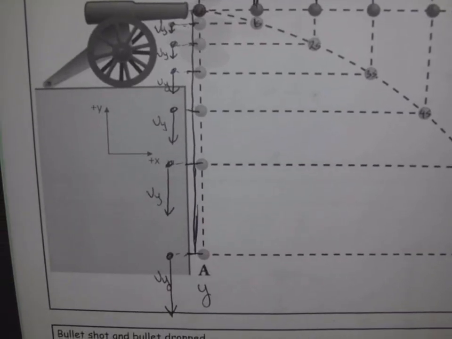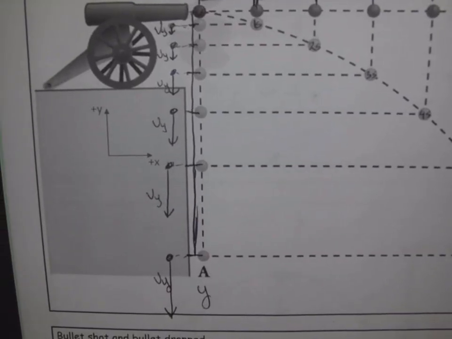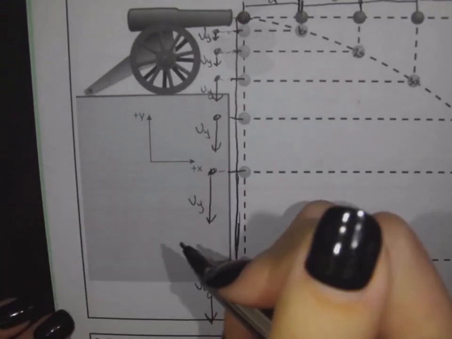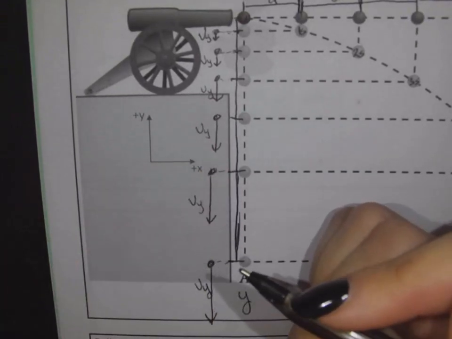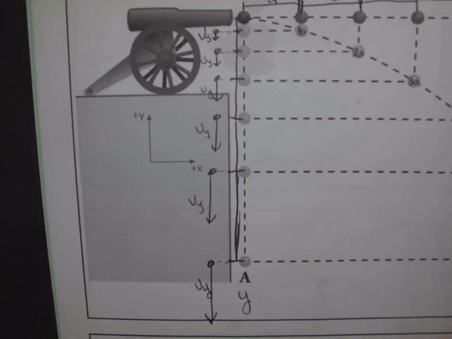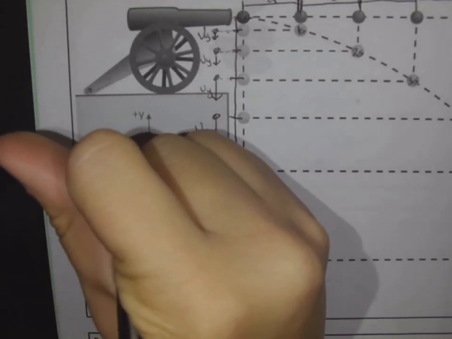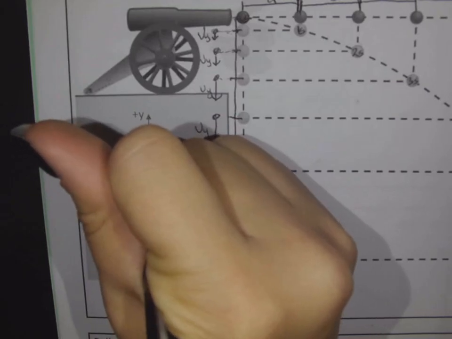The velocity is increasing over time. And when something is speeding up or slowing down, that means that there's an acceleration, that the velocity is not constant. And the only force, like we learned before, the only force acting on this, if we're neglecting air resistance, is gravity. And when there's only gravity acting on something, that means it has an acceleration of 9.8 meters per second squared.